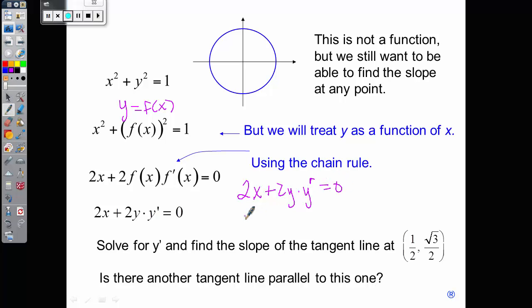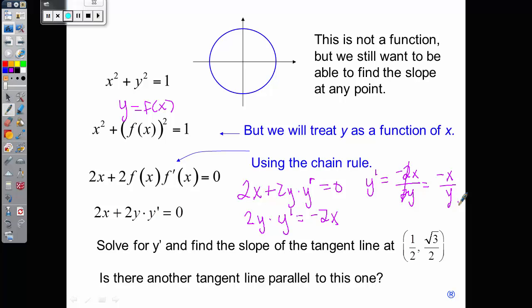We subtract 2x from both sides, so 2y times y prime equals negative 2x. Then we divide by 2y, so y prime equals negative 2x over 2y, and y prime is negative x over y.